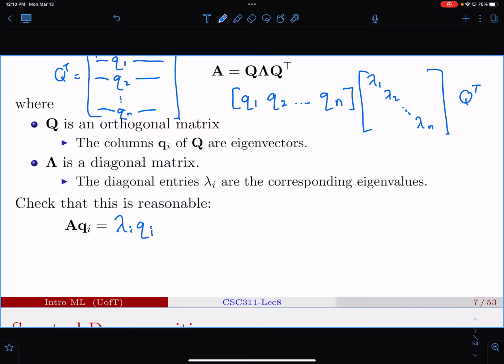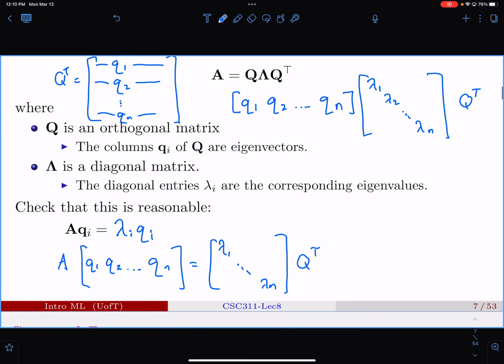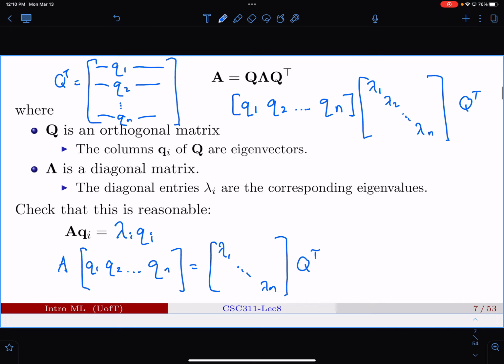If you were to repeat this in matrix form, you can write Q1, Q2, all the way to Qn, and that's equal to this diagonal matrix, lambda 1, and so on, times Q transpose, times Q itself.